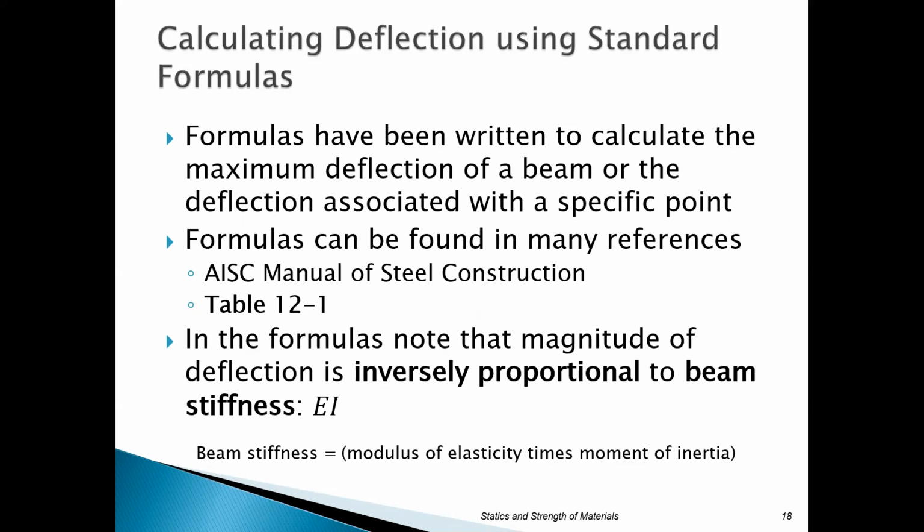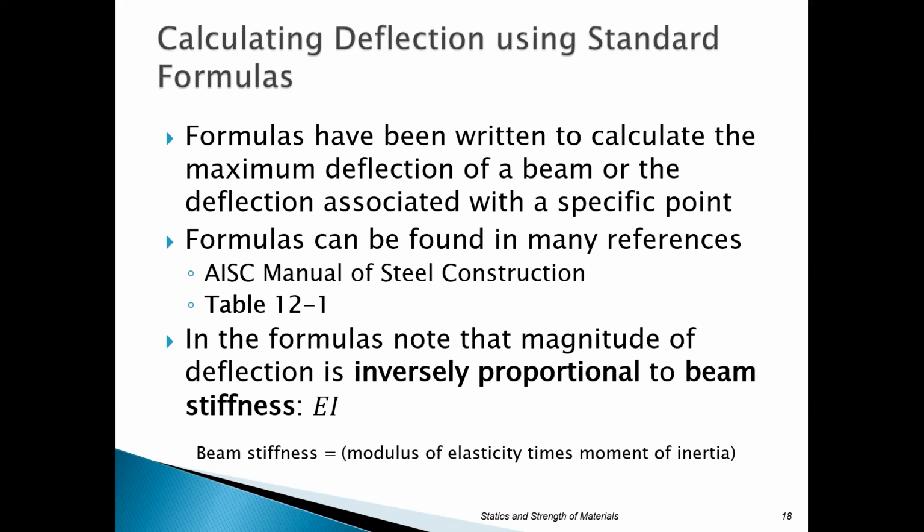One thing to note when you look at those formulas, hopefully everybody's got table 12.1 popped up because I don't have that on my sheets: the magnitude of that deflection is going to be inversely proportional to what we refer to as the beam stiffness. Beam stiffness is defined as E times I, modulus of elasticity times the moment of inertia.